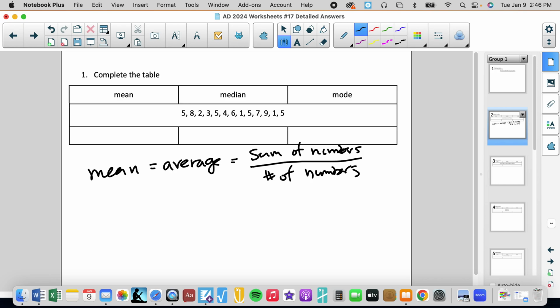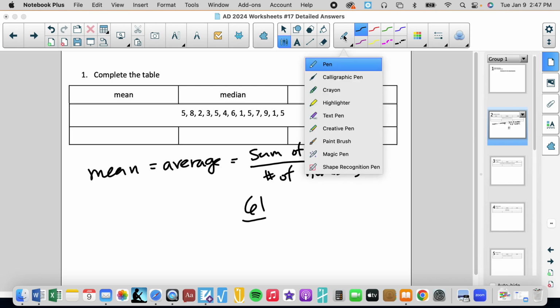So what we're going to do is add all of these numbers, 5 plus 8 plus 2 plus 3 plus 5 plus 4 plus 6 plus 1 plus 5 plus 7 plus 9 plus 1 plus 5 gives me a total of 61, divided by, how many numbers did we have?